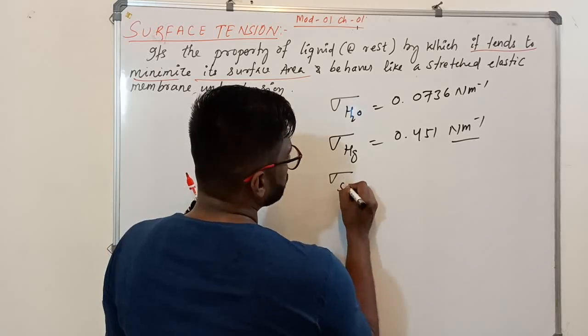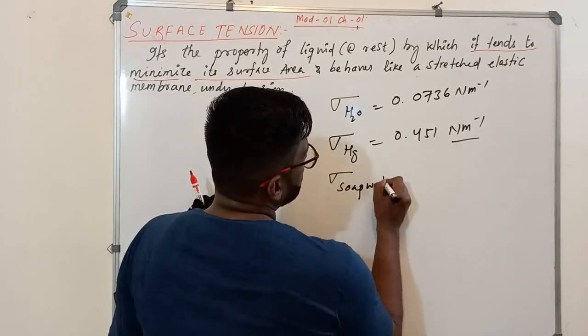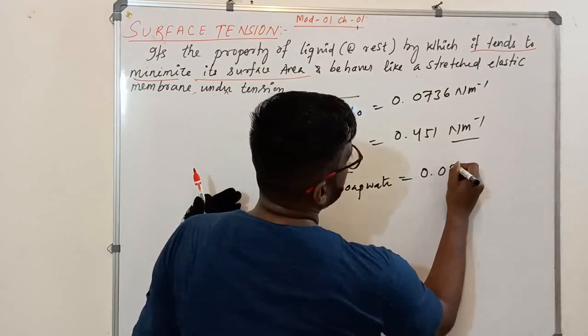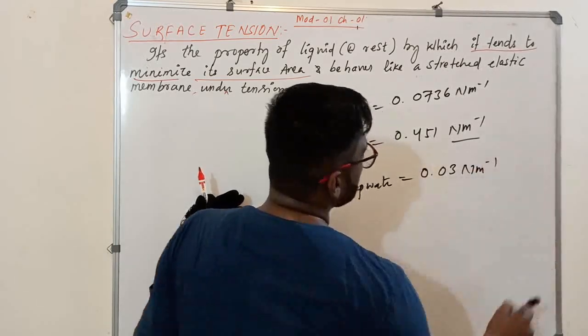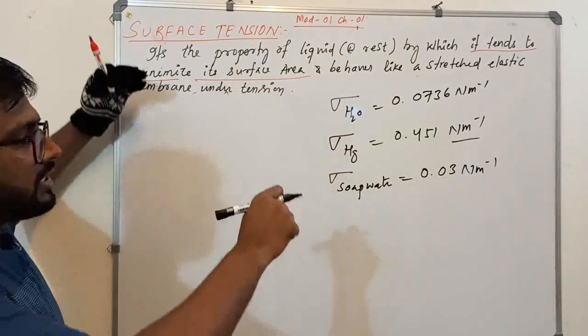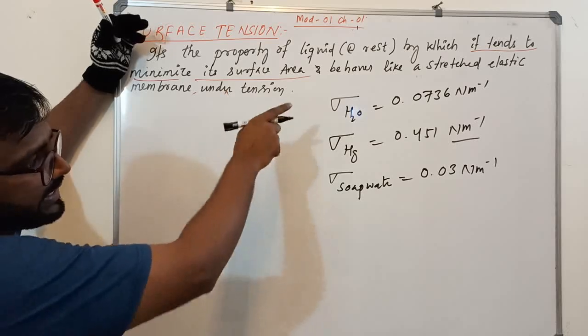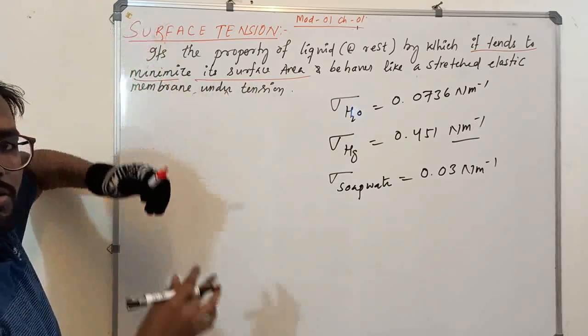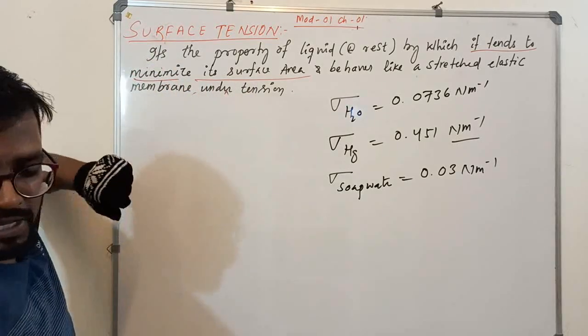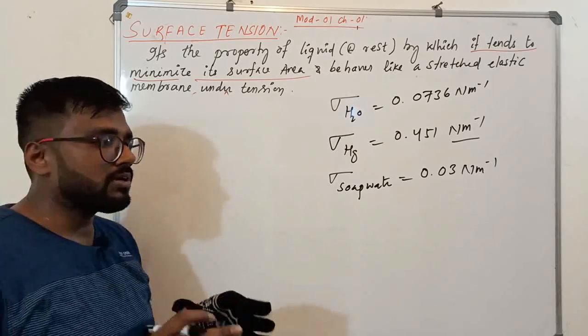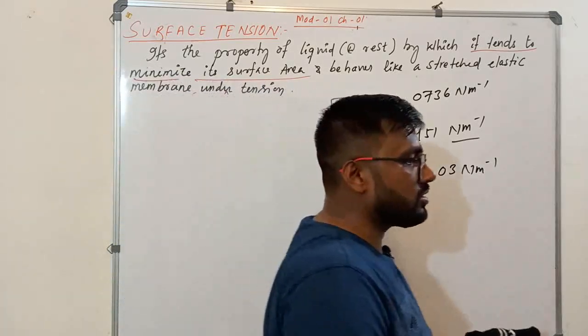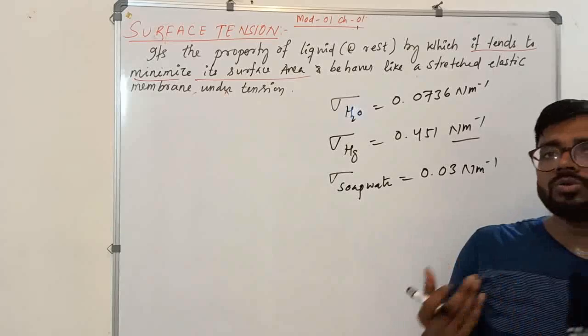What happens of soap water? Surface tension of soap water is 0.03 Newton per meter. What you have observed? The surface tension of soap water is less than the surface tension of water. Yes or no? Now how does this help you in cleaning clothes? आप जब कपड़े साफ करते हो, you wash your clothes with detergent, with the soap solution.